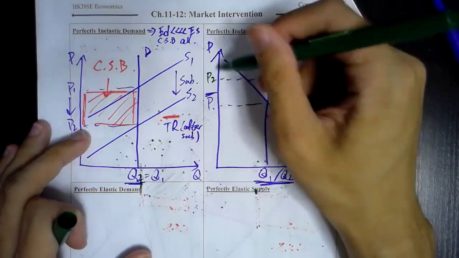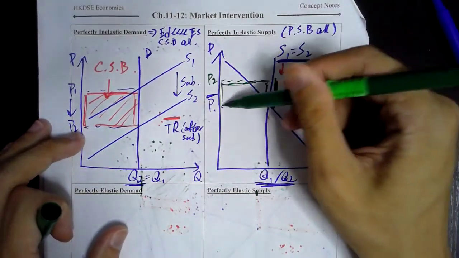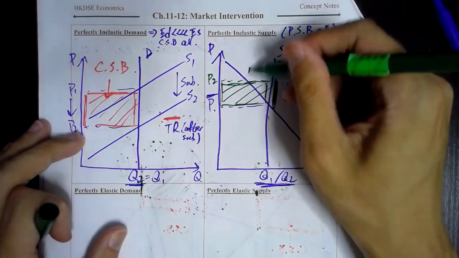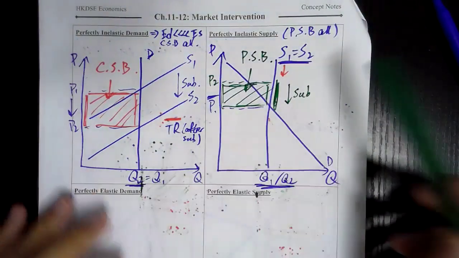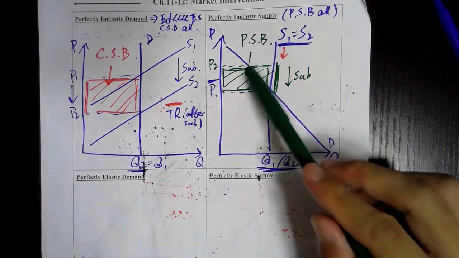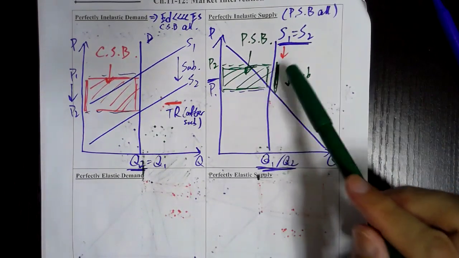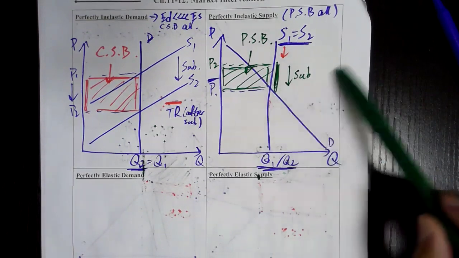Let's call this P2. Useless. It's just a reference. This green box would actually be all producer subsidy benefit, because price didn't change and quantity also didn't change. So all of the subsidy would be enjoyed by the producer.